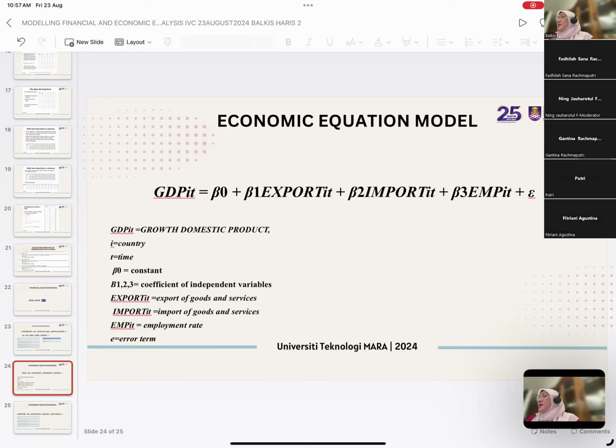So you look at the stock market as a whole. Normally you use the stock exchange prices, and then you compare and collect the economic data as well. Right?